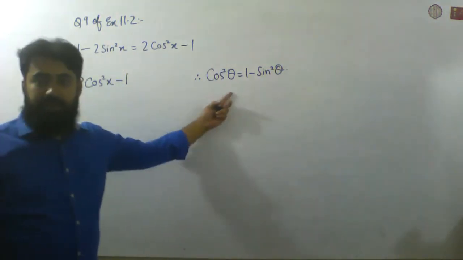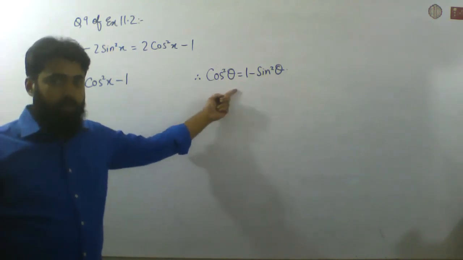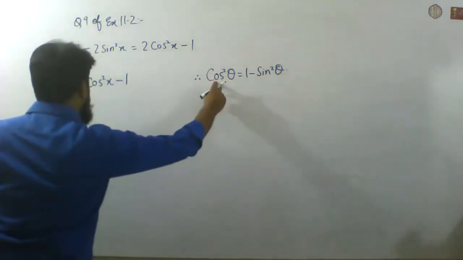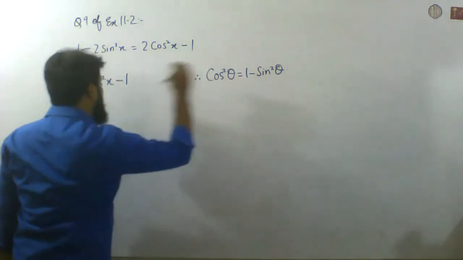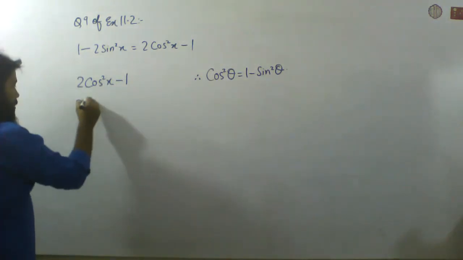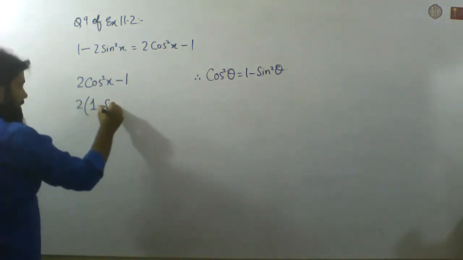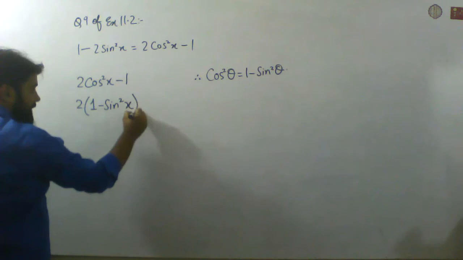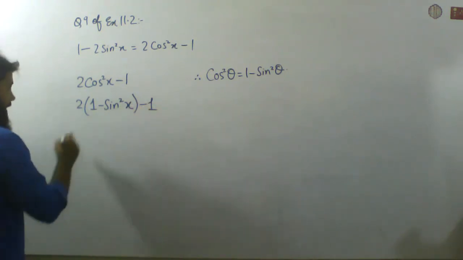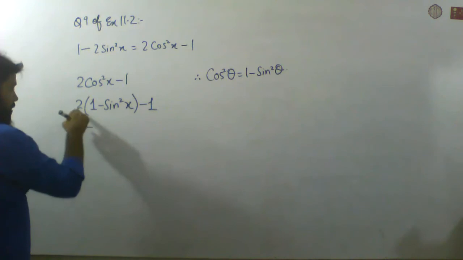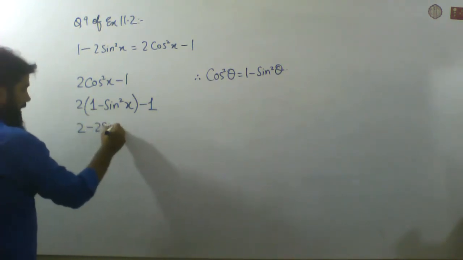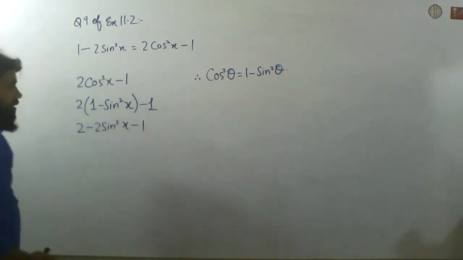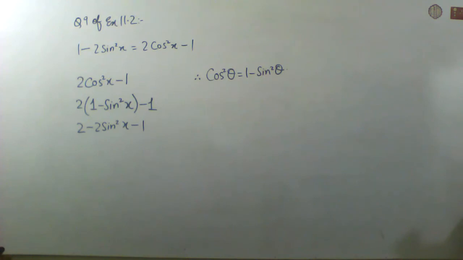That was the identity variant we did. So I will put this relation here: 2 times (1 minus sin square x) minus 1. Multiplying, it becomes 2 minus 2 sin square x minus 1.